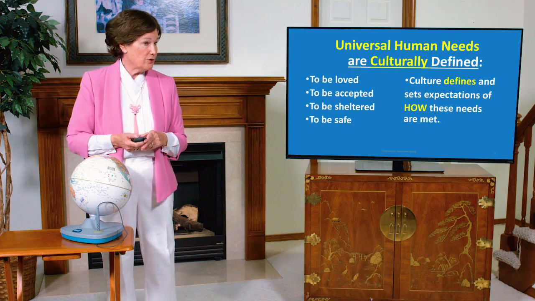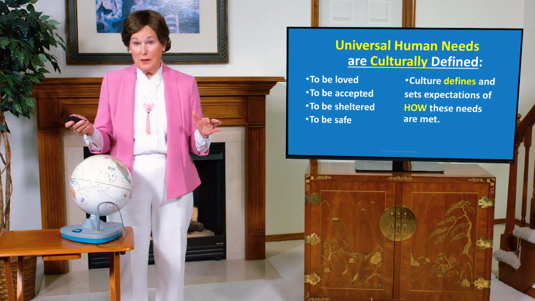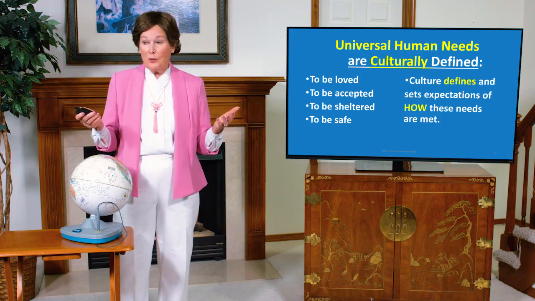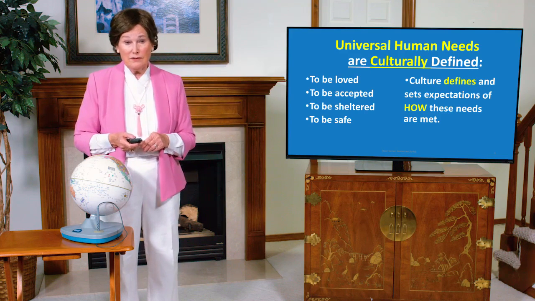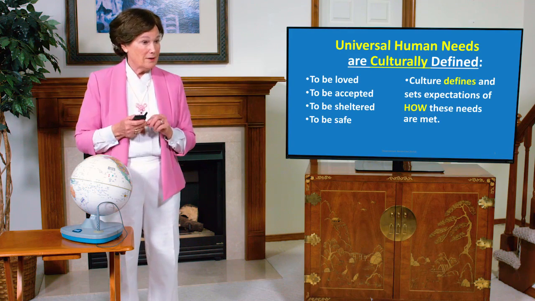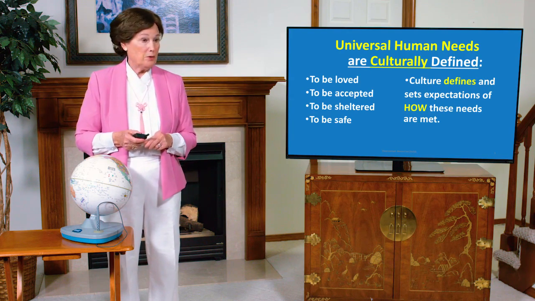So our universal human needs, as far as I've ever been able to detect, no matter where we grow up, what culture or language or country, we want to be loved. We want to be accepted. We want to be sheltered, and we want to be safe.